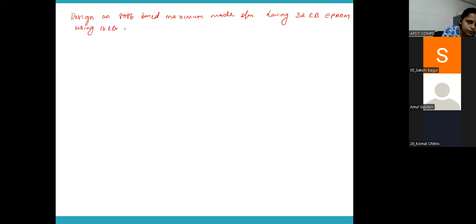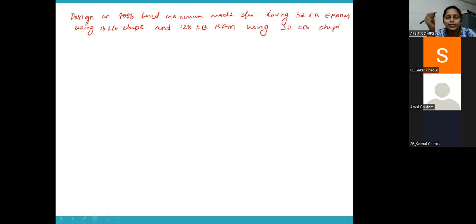Design an 8086 based maximum mode system having 32 KB EEPROM using 16 KB chips and 128 KB RAM using 32 KB chips.